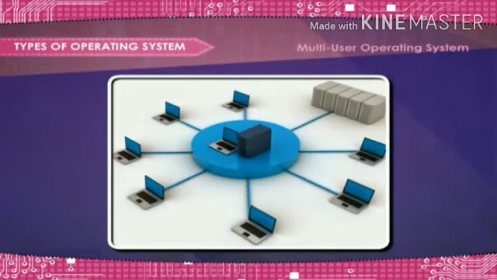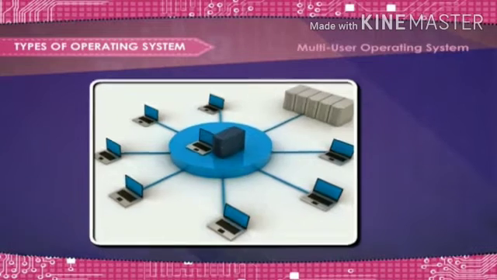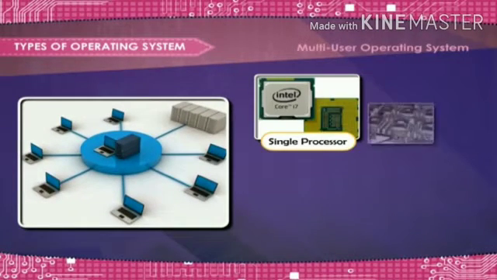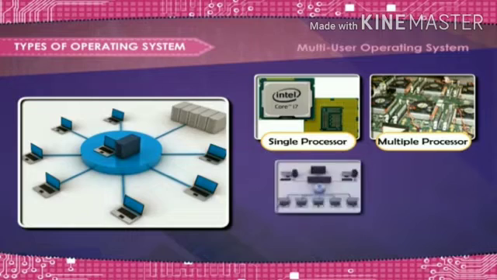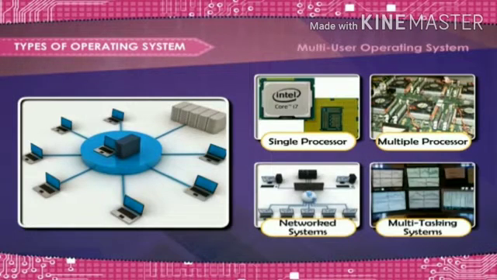A multi-user operating system has been designed for more than one user to access the computer at the same or different time. There are several different types of multi-user systems: single processor, multiple processor, networked systems, and multitasking systems.